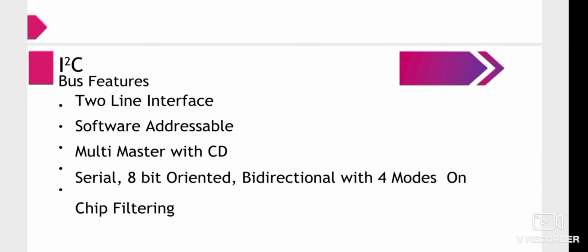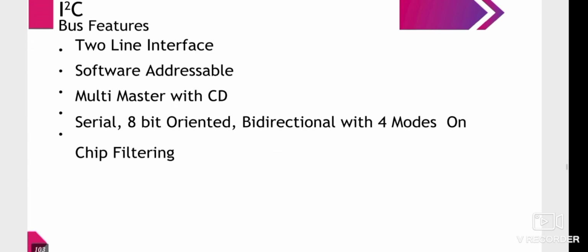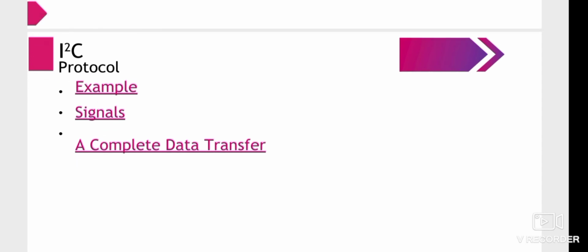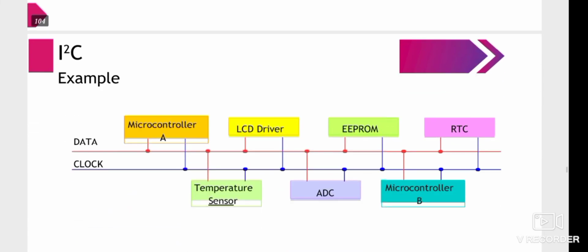The bus features a two-line interface, software addressable, multi-master with collision detection, serial 8-bit oriented bidirectional with 4 modes, on-chip filtering. There are protocols, or example signals, for a complete data transfer.